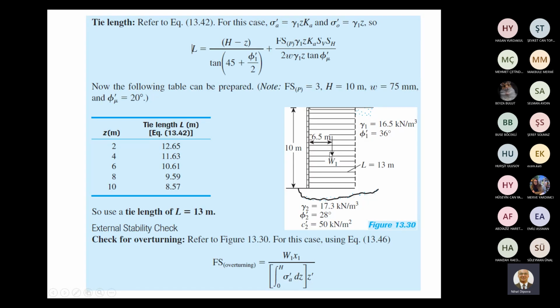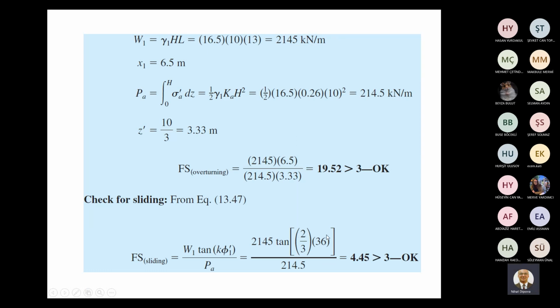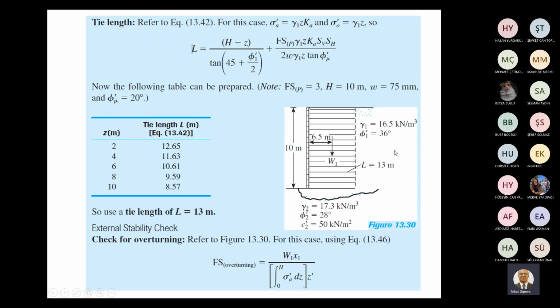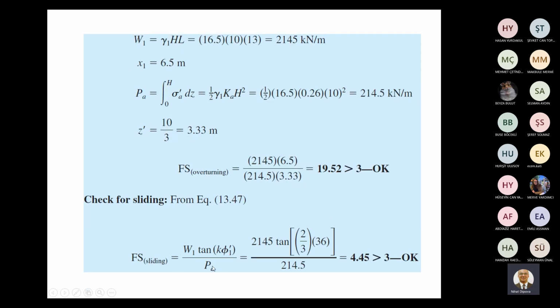Here, normal force is the total weight of this reinforced earth. What is this? This is resistance to sliding. The only force for sliding is PA. We can put just the value. So the safety factor for sliding is 3.